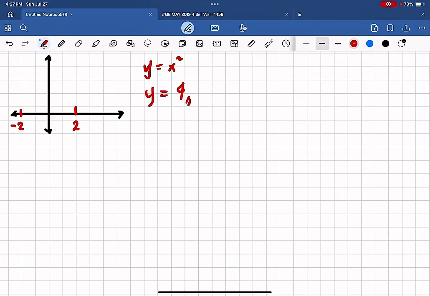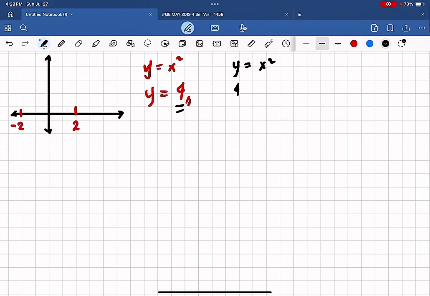Now we have to find the point of intersection, but first set the equation equal to find the limits of integration. So our y is equal to x squared, and the value of our y is equal to 4.